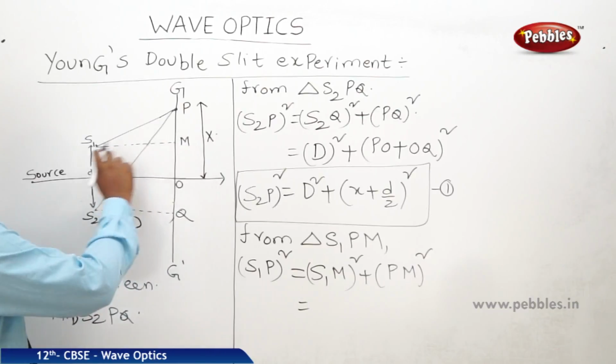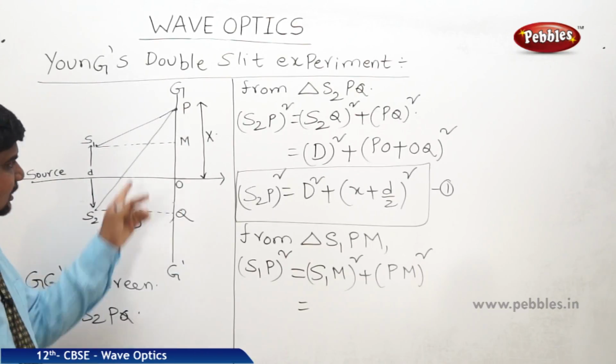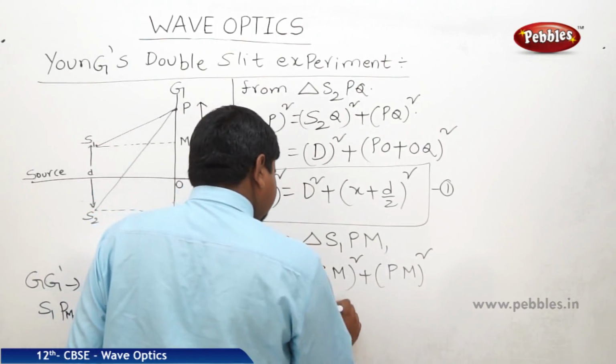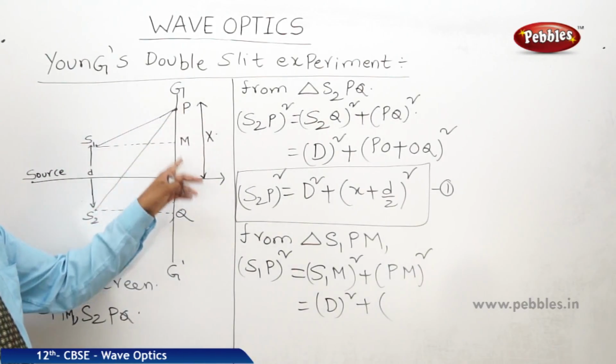So what is S1M? S1M is parallel to S2Q, nothing but the distance of the slits to the screen, nothing but D. Plus, what is PM?